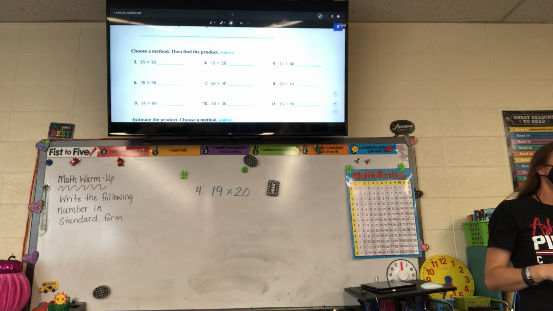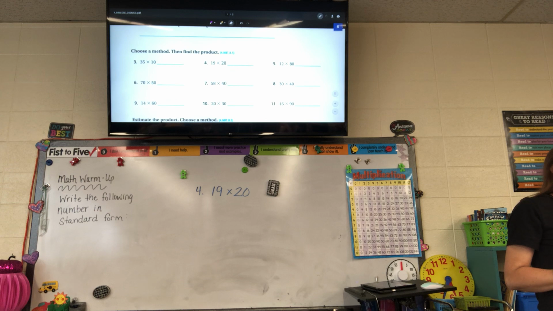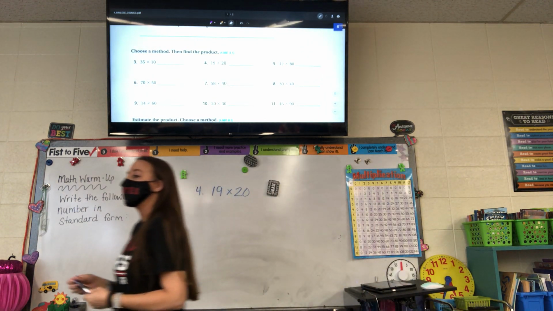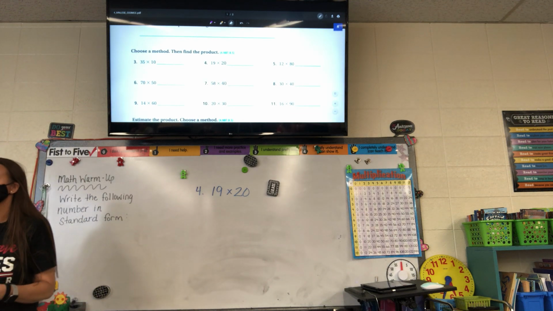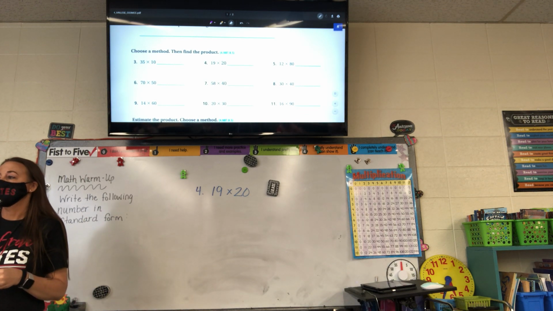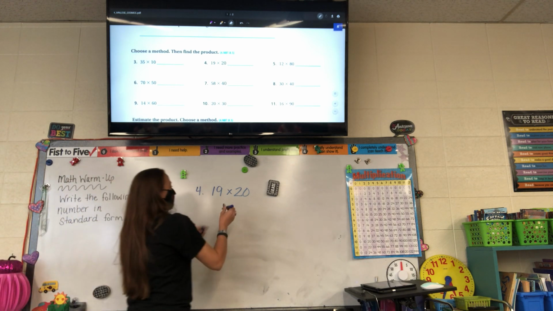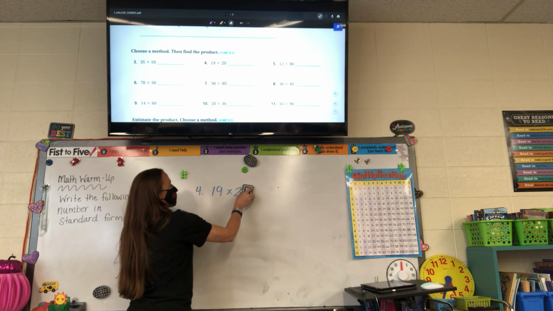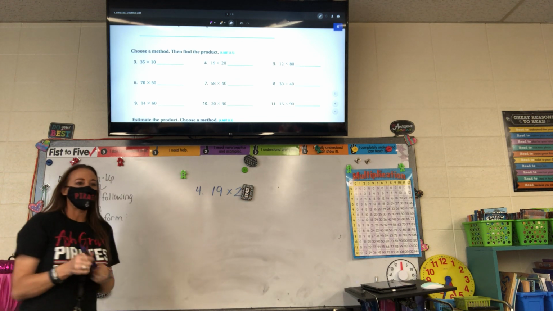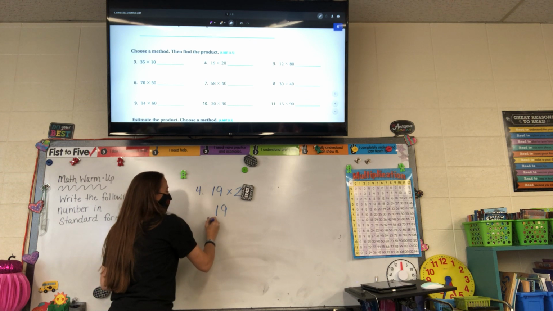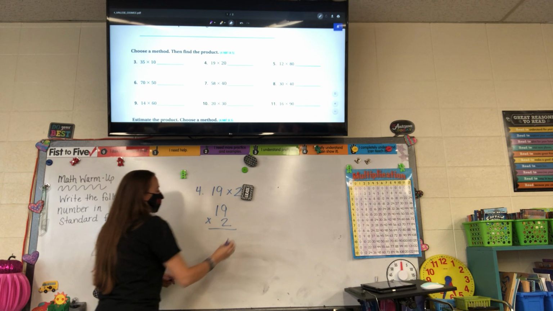All of the problems have what in them? Zeros. They all have zeros in them, right? And how do we multiply when we have zeros? Ethan? We pretend the 0 is not there, and then we add the 0 to the answer. That's right. So we pretend the zero's not there at first. So we have 19 times 2, right? So down here, I'm going to write 19 times 2.